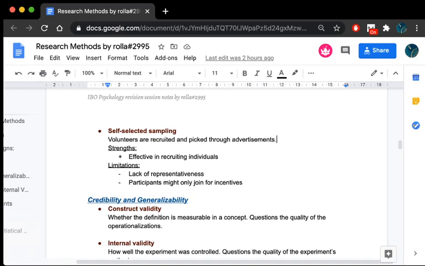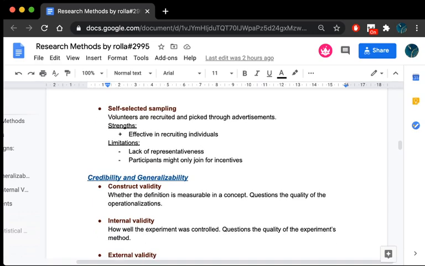This is very useful in terms of recruiting individuals, but since we're recruiting people, sometimes participants might be joining just because they want the money, or it may also not be very representative of the population because not everyone would have the time or would want to get recruited.